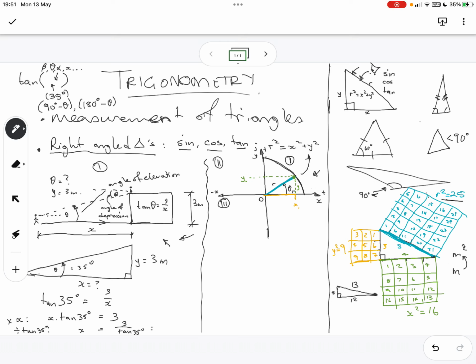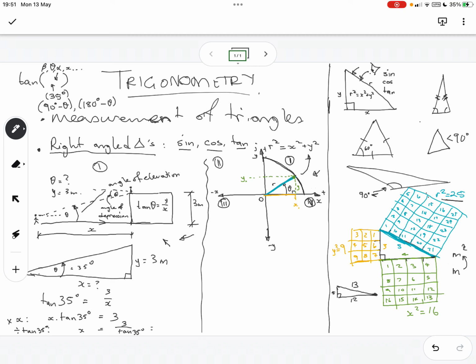The third quarter is where both the X axis and the Y axis are negative. And the fourth one is where only the Y axis is negative, where the Y axis is negative and the X axis is positive. So we're gonna refer to those as quadrants.